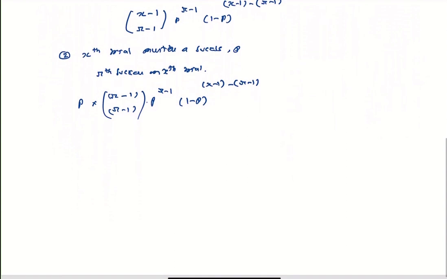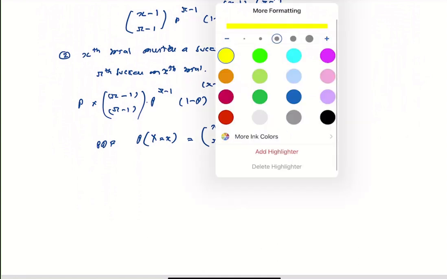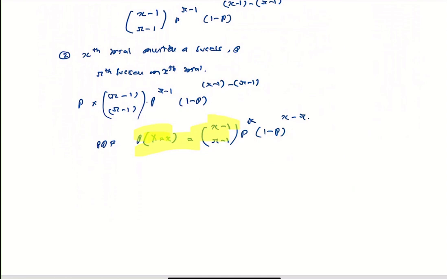Then with some algebra we can come to the PDF: P of X equal to little x is x minus 1 choose r minus 1, p to the power r, and 1 minus p to the x minus r. This is the PDF of the negative binomial distribution.